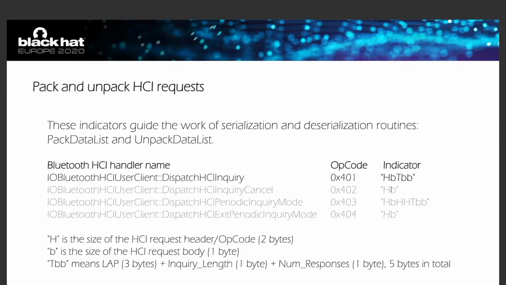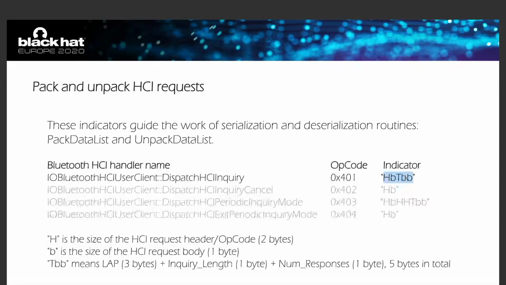Curiosity drove me to summarize these strings, and I found that they could actually be regarded as indicators to guide the function's packed data list and unpacked data list. The indicator for Bluetooth HCI inquiry is HBTBB.